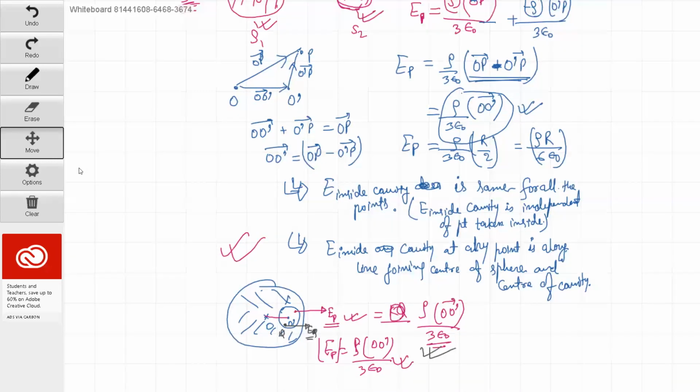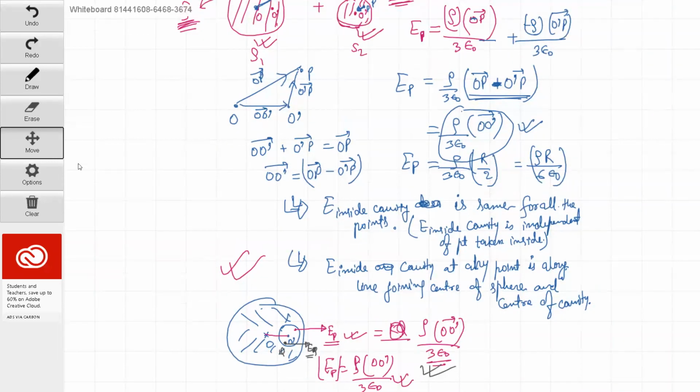This is a very, very important concept. Many times in JEE Advanced and JEE Main examinations this has been asked. I think in JEE Advanced 2016 this was a multiple correct question, and in 2019 JEE Main asked it as it is. So you can expect such a question. This is a very important result.